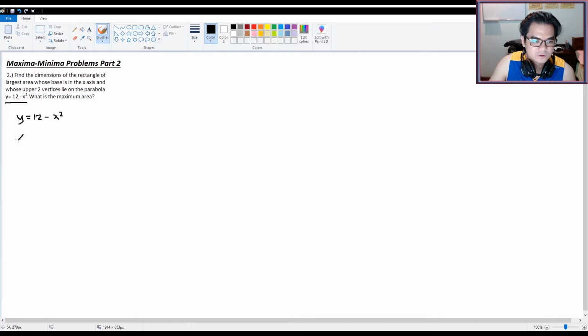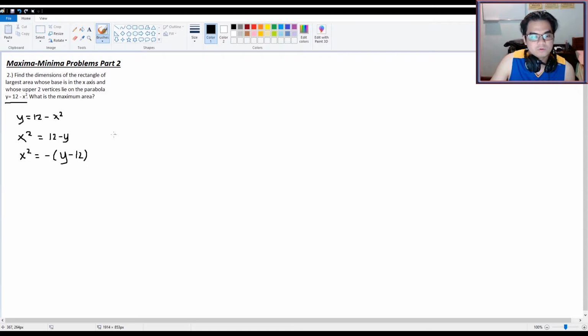Therefore, you'll have x squared equal to 12 minus y. That becomes negative y. So let's factor out negative 1. So you'll have x squared equals negative, sorry, this must be y minus 12.